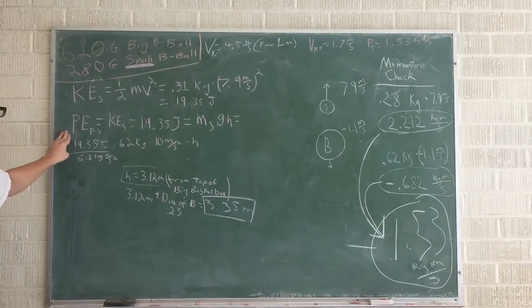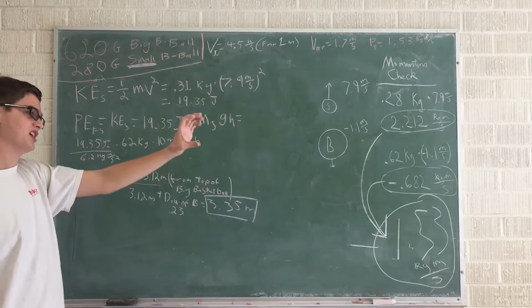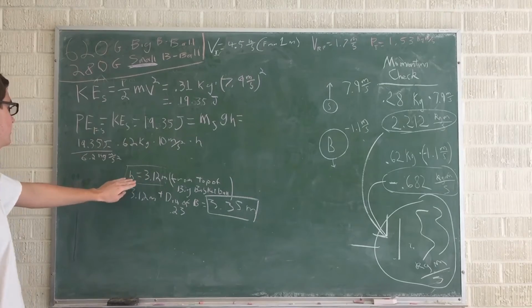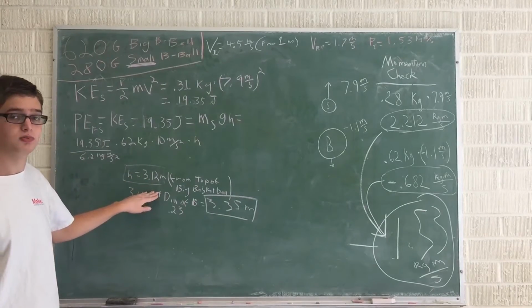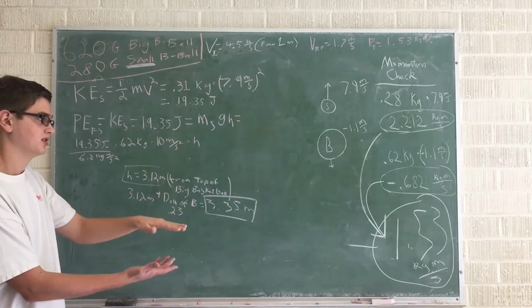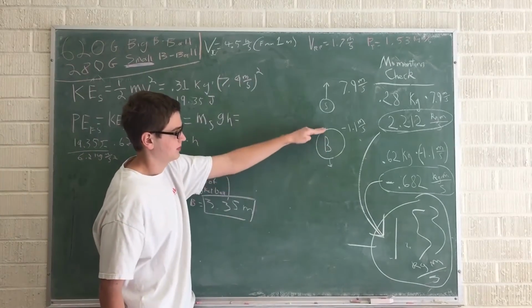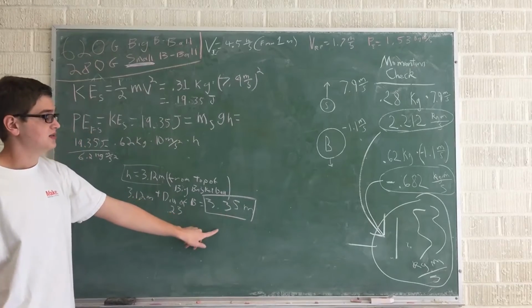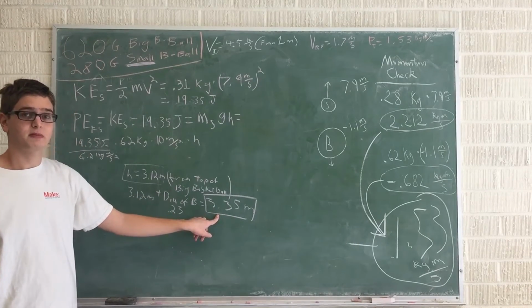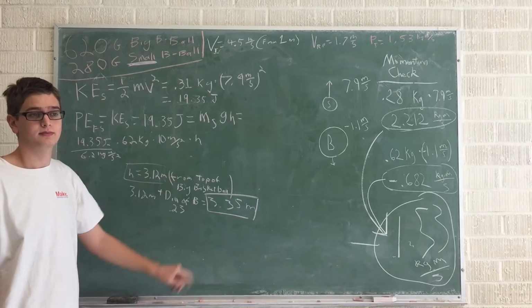Then we're going to use potential energy, so finding the maximum height that goes with kinetic energy equal to 0. So we end up getting a height of 3.12 meters. Adding on to the height of the big basketball, since it's not taking off from the ground but from up here, we're estimating that in a perfect elastic collision, it will go 3.35 meters high when dropped from 1 meter.